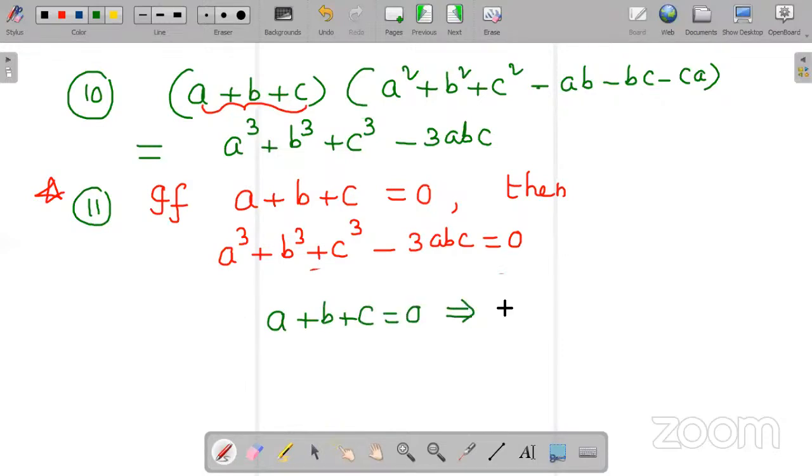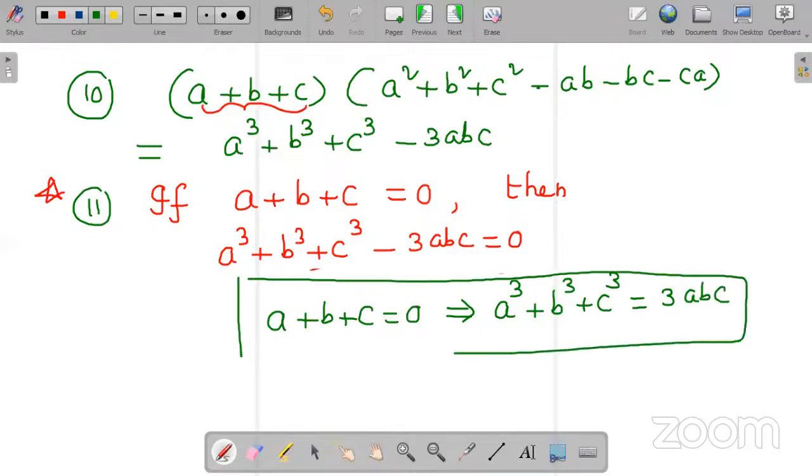You can remember this concept: a cube plus b cube plus c cube. That means without finding a cube, b cube, c cube, you can find the value just by multiplying the abc values. 3 multiplied by abc. You remember, this is a very, very important result. Clear?